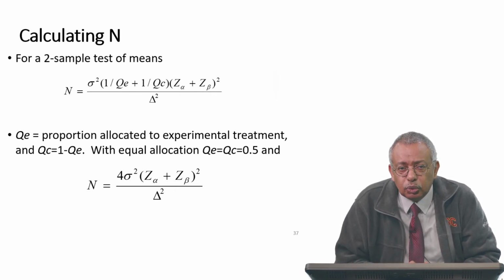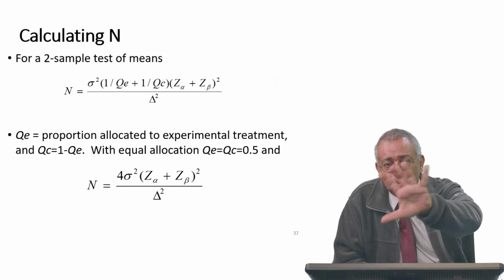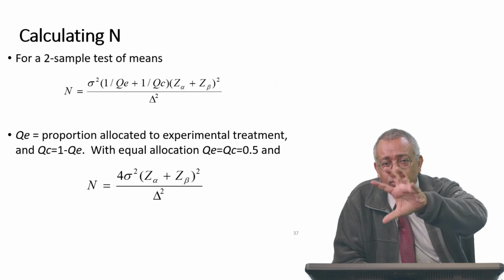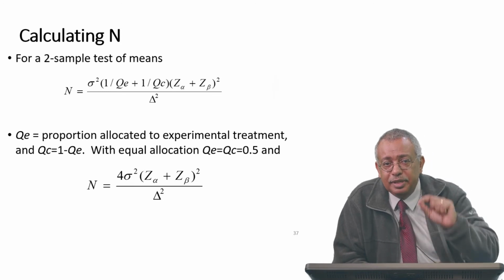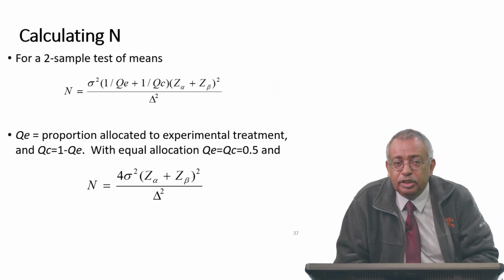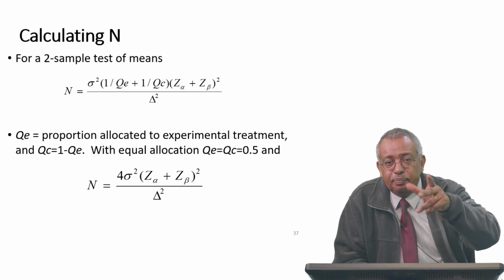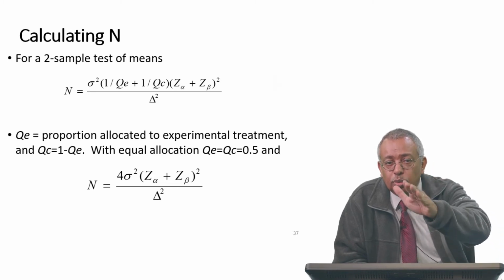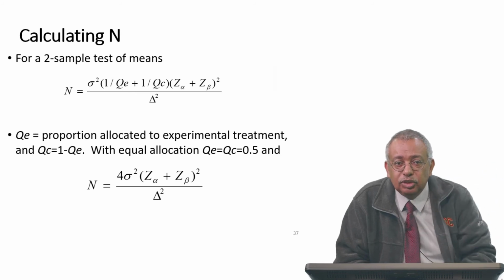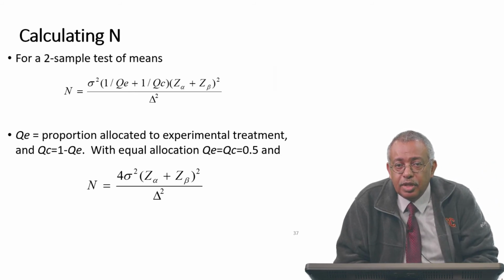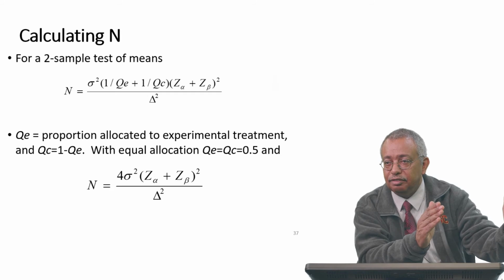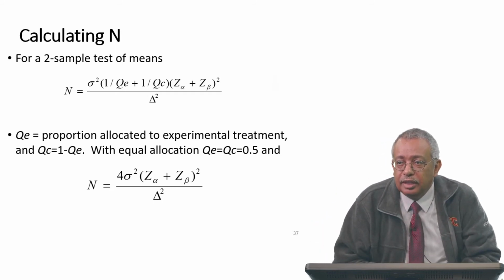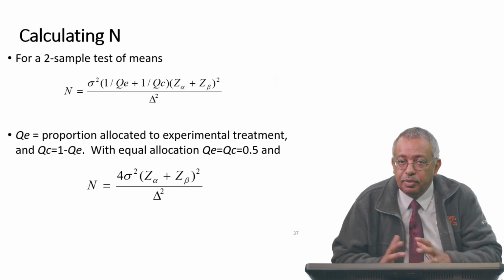So for a two-sample test of means, again, without going into a lot of detail about where this came from, you basically have to have all those elements, like the detectable difference, which is the delta in the denominator, the variability in the outcome, which is sigma squared in the numerator of this equation, and then you need the division in terms of what proportion you want on the drug side versus the placebo side, and of course, the normal distribution quantiles that will give you the level of significance at 5%, let's say, and the statistical power at 80%, in this case, 0.2 being the type 2 error probability.